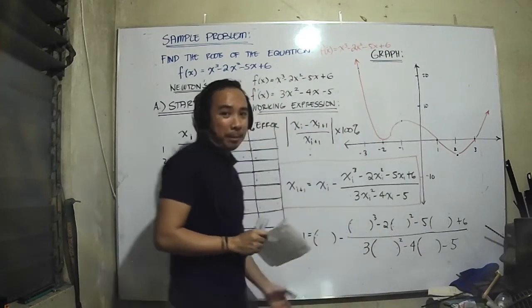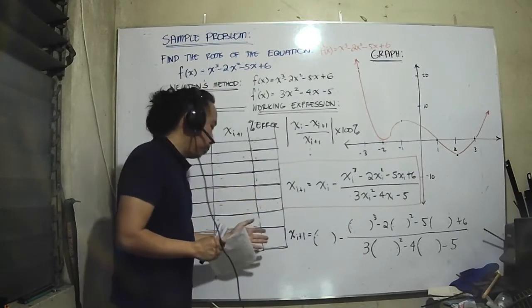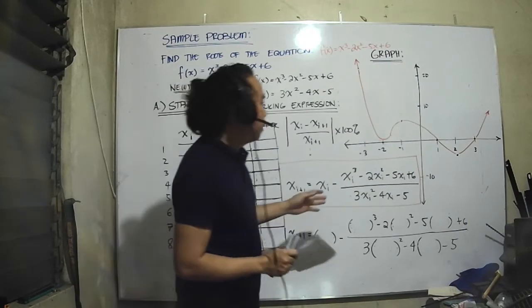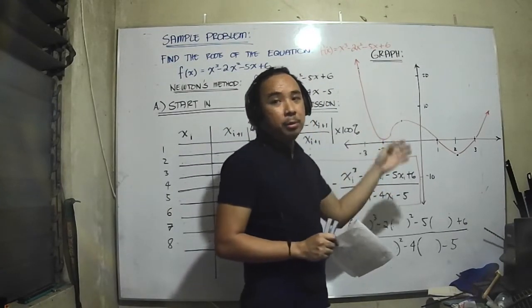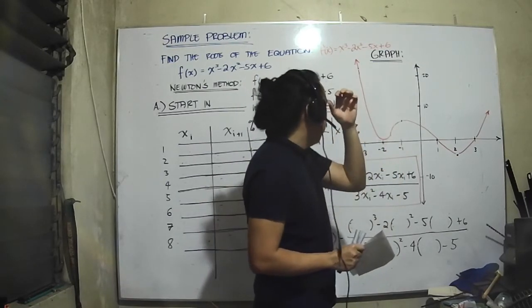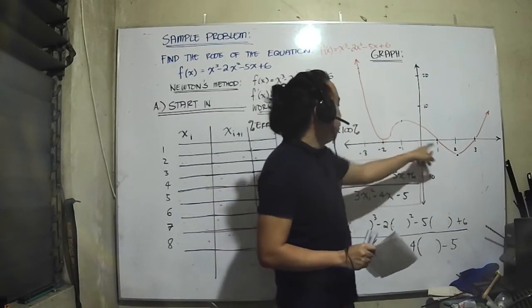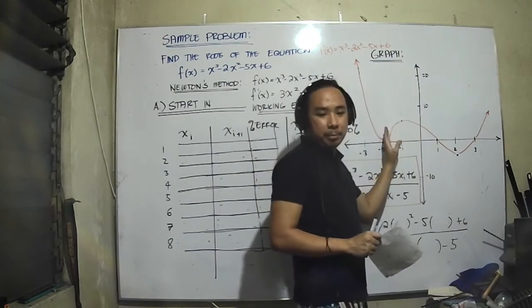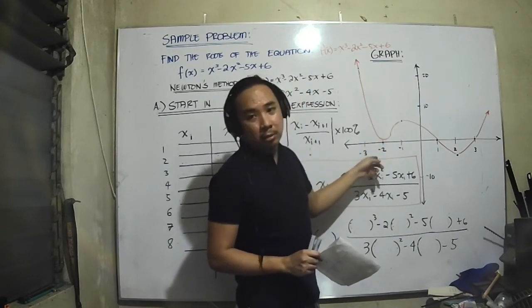The rule in the Newton-Raphson method is that whenever you choose a starting point, it will converge to the root whose domain is closer. If between two roots we choose a starting point that is closer to one of them, it will most likely converge to that root.